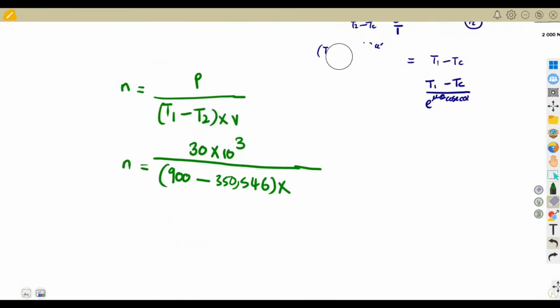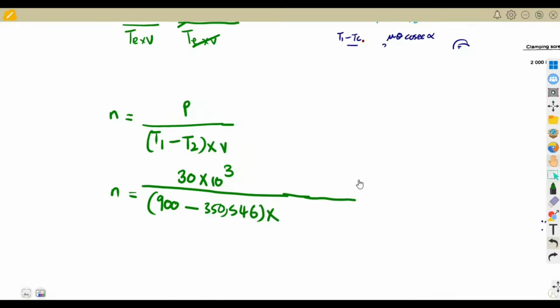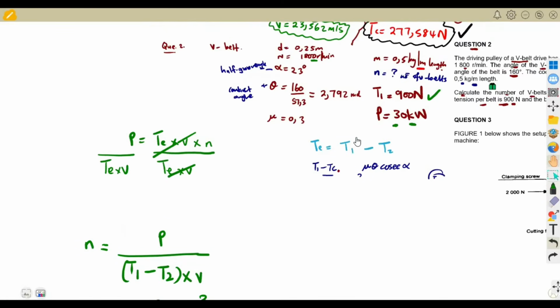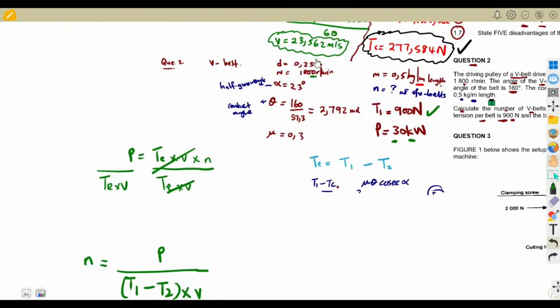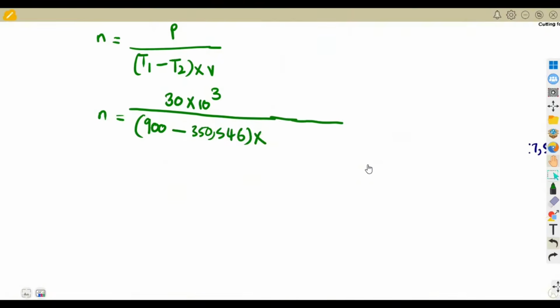So you must understand this. Let me multiply this by the velocity, our velocity, we got it here, 23,562.